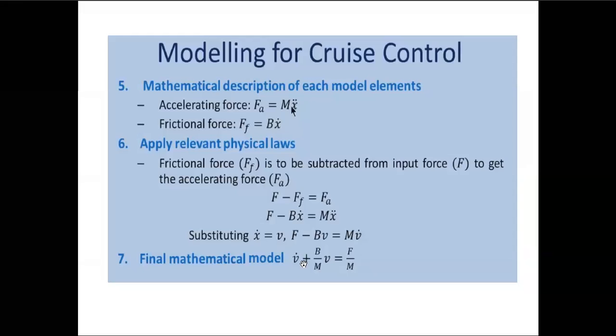Then I can write v dot, that is dv by dt, plus, taking m to the left side, b by m into v equal to f by m. This is the mathematical model. I'm stopping here. If you have any doubts, you can ask me now.